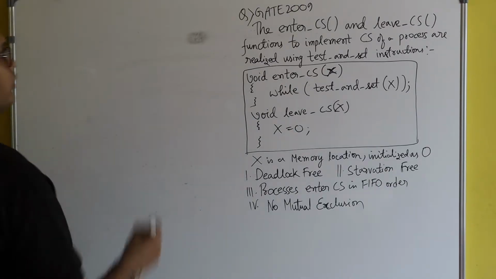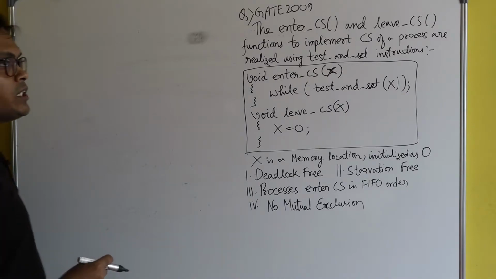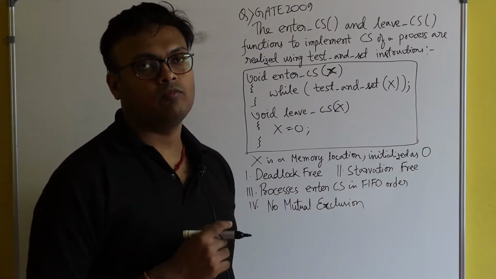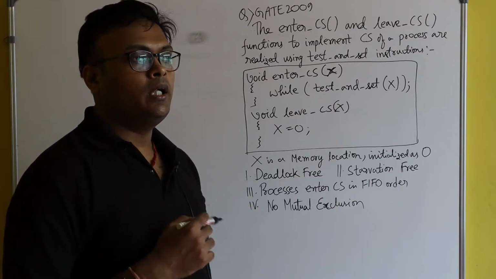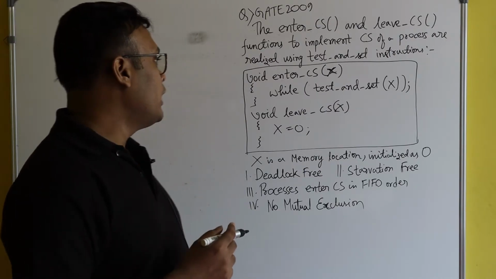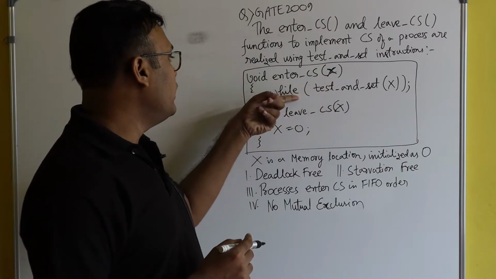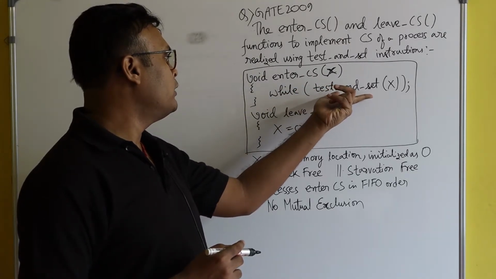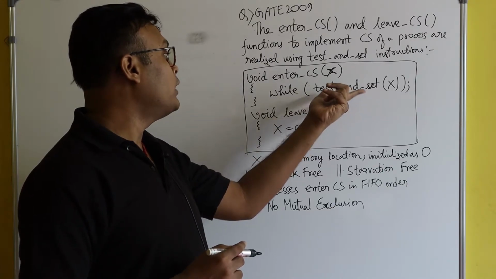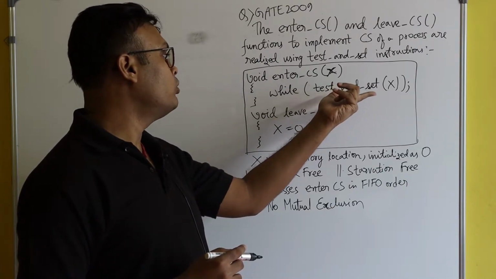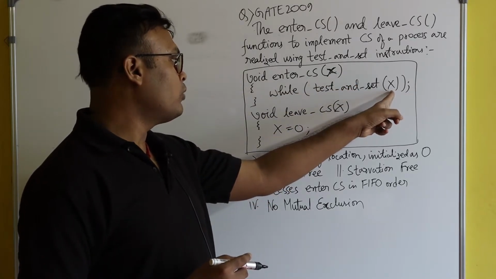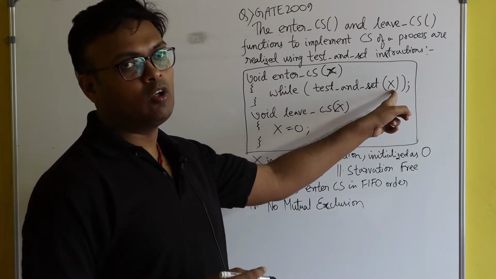So here I am solving. Just remember what used to happen in the test and set function. In the while loop, a test and set function used to be called, and the parameter was ampersand lock.